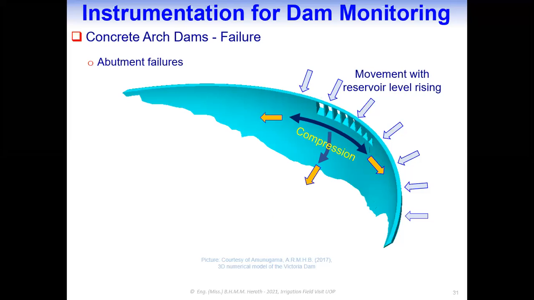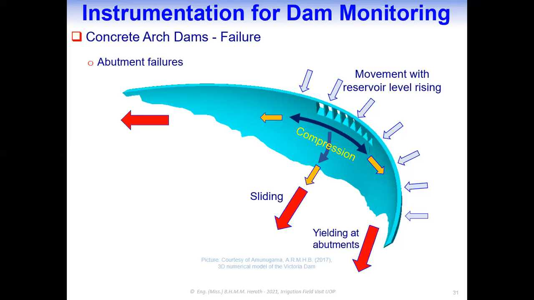So thereby sliding occurs at the foundation and yielding occurs at the two abutments. So, in addition to the modes identified for the gravity dam, here it suggests abutment failures also, considering the concrete arch dams.